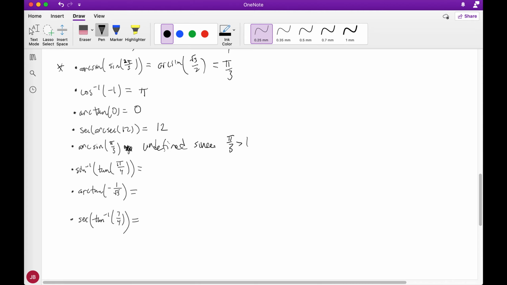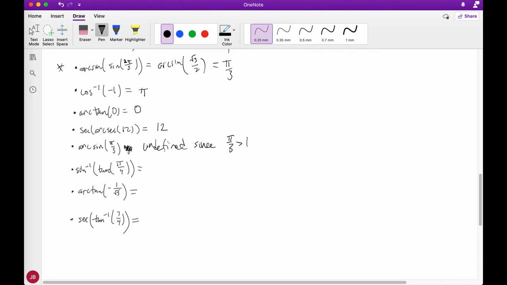If you had sine of whatever equals 2, then there was no solution. Well, this is the same idea. You can't plug a number bigger than 1 into arcsine or arccosine. But the other four you can. Just FYI.